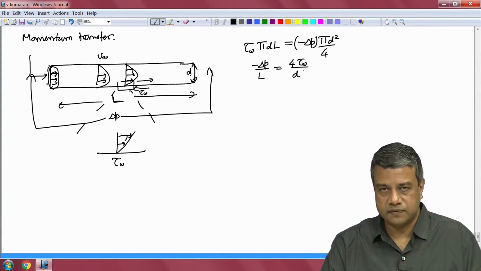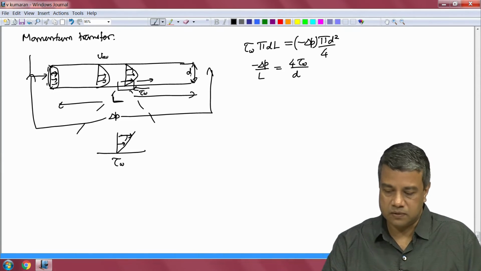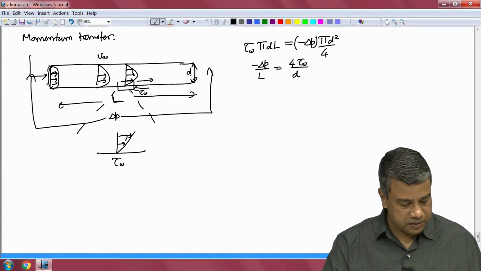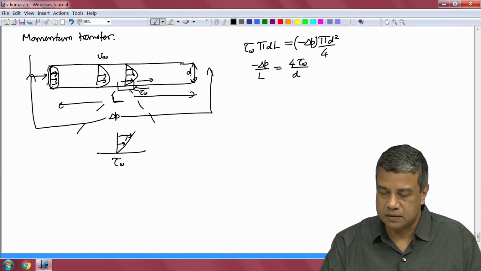The pressure gradient has to be equal to 4 times the wall shear stress divided by d. So this gives a relation between the pressure gradient and the wall shear stress.